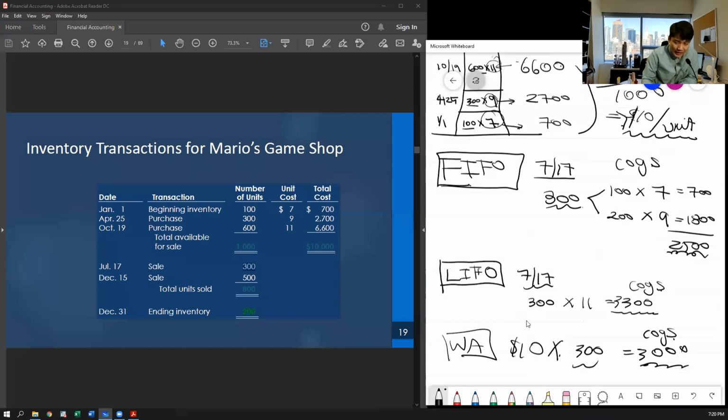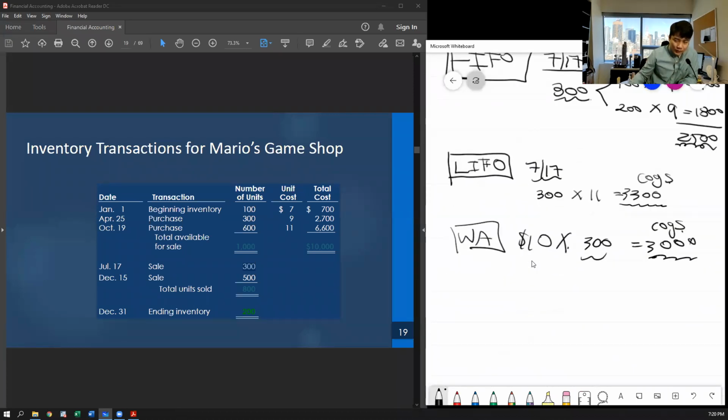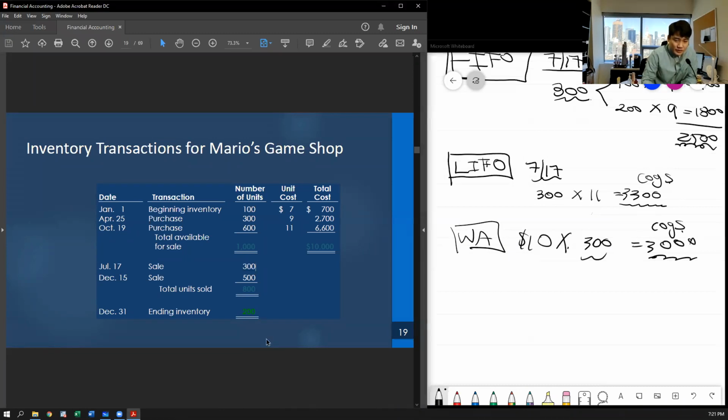And using that weighted average, multiply that with the number of units sold, that will give you the cost of goods sold following weighted average method. Any questions on this? Okay, that's good.